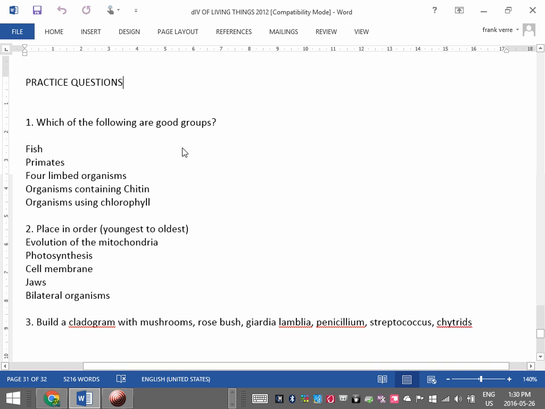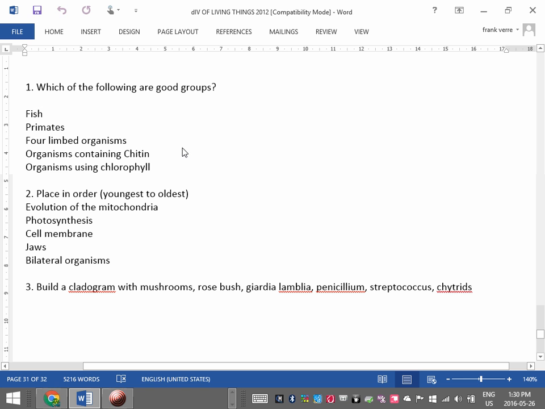For example, it'll be more than this. This is just a few of them. It could be a list of groups, and you have to tell me what are considered good groups, which are called monophyletic, which means that everything in the group is more like each other than anything outside the group.